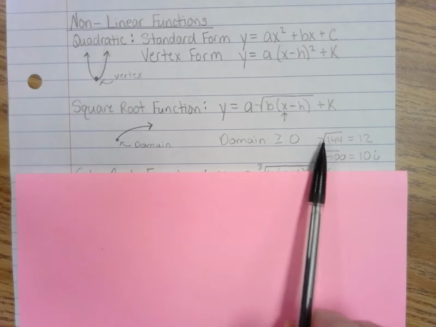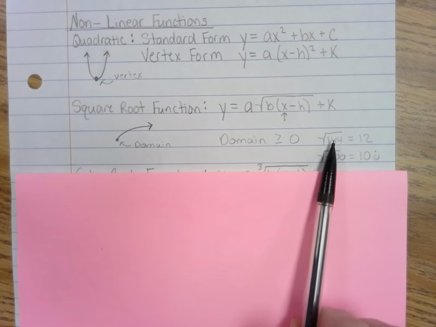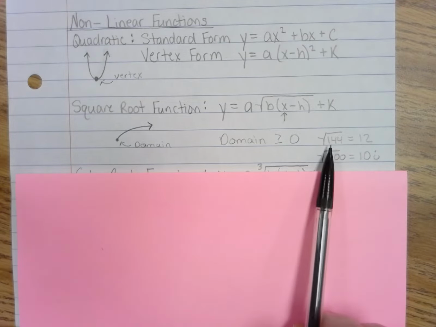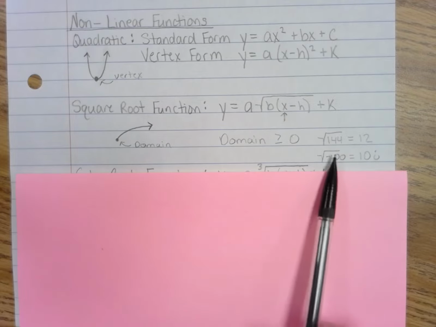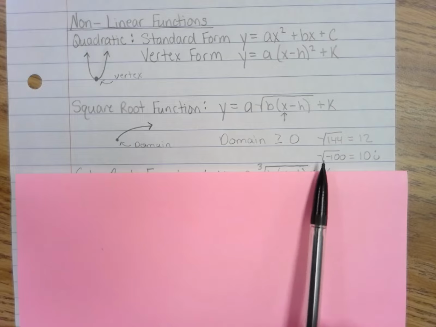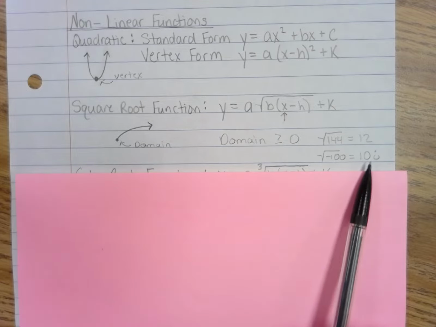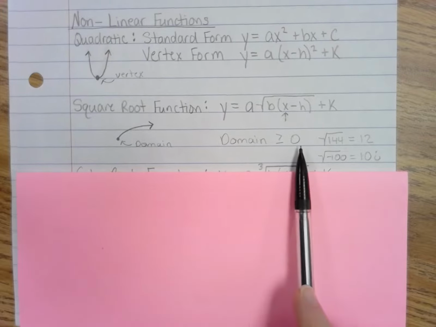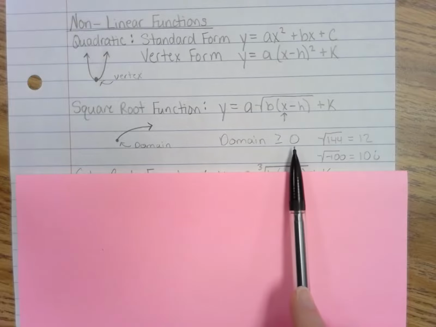Again, if we had a positive underneath the radical sign, we could take the square root. For example, the square root of 144 is 12. But when we had that negative, it gave us an imaginary solution. We cannot graph an imaginary solution on the xy axis, so that's why we need to restrict our domain to be greater than or equal to 0.